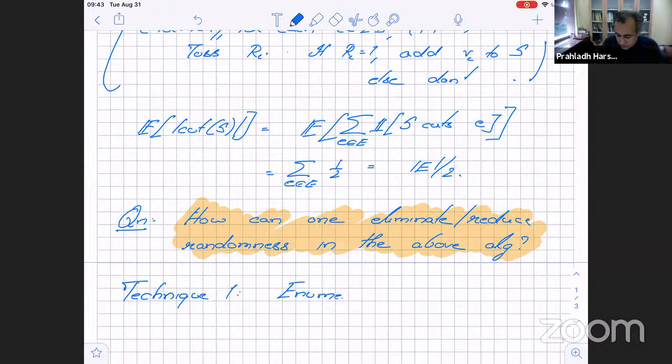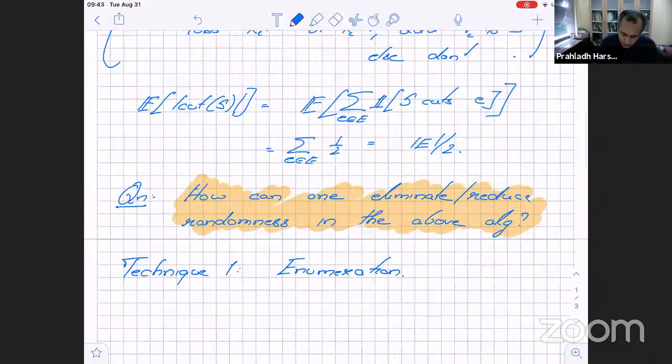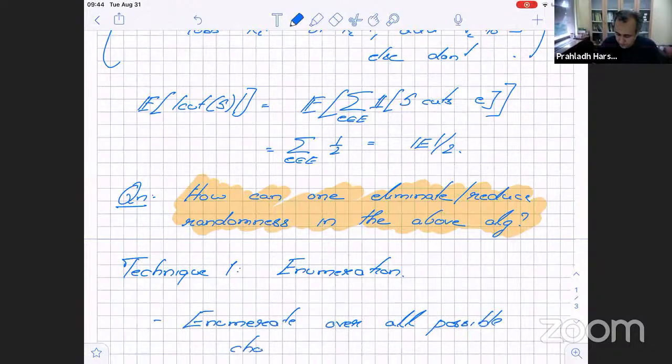It's a very, very general technique. What do we know? You tossed the coin and you're talking about expectation. What we could do is go over all possible settings of the coin. You're tossing n coins, so we could just enumerate over all possible choices of the random coins.